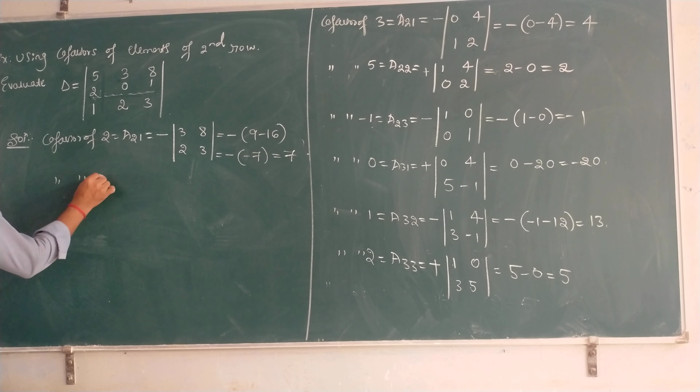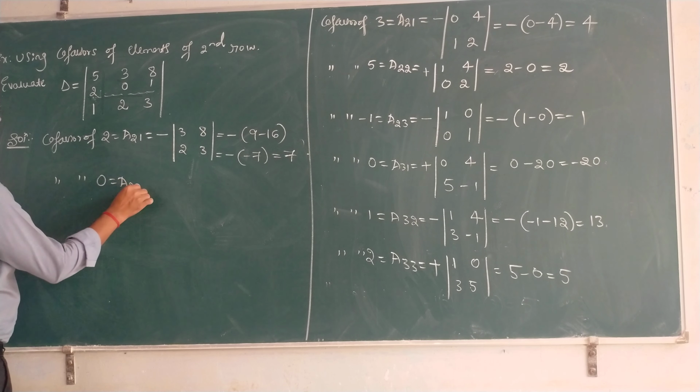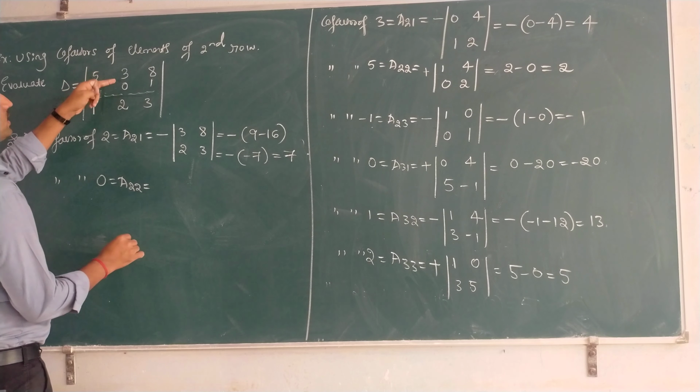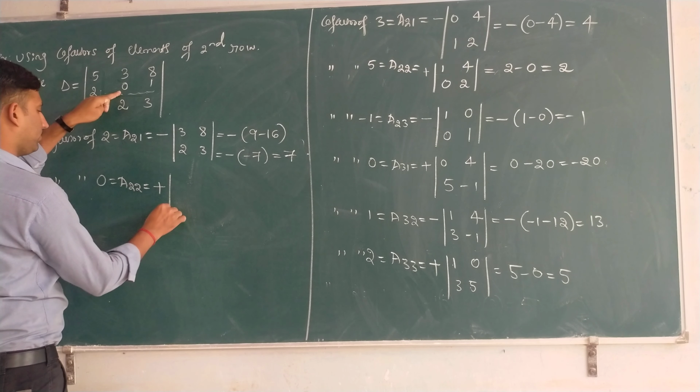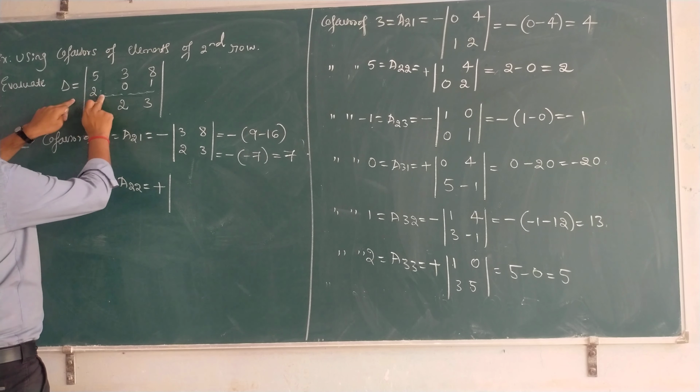Cofactor of a22 has the sign plus. What are the elements? You have to eliminate this row and this column.